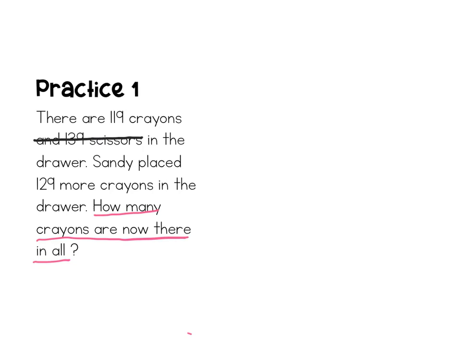And the problem told me that Sandy placed 129 more crayons in the drawer. So I know that there were already 119 crayons in the drawer, and then Sandy placed 129 more. So I'm going to add because she put an additional 129 crayons in the drawer.